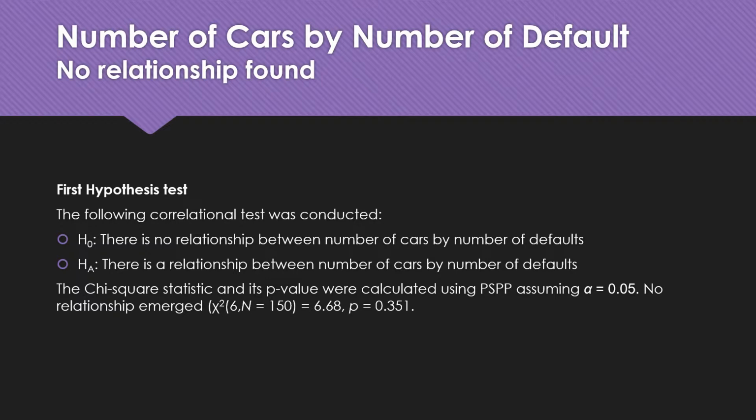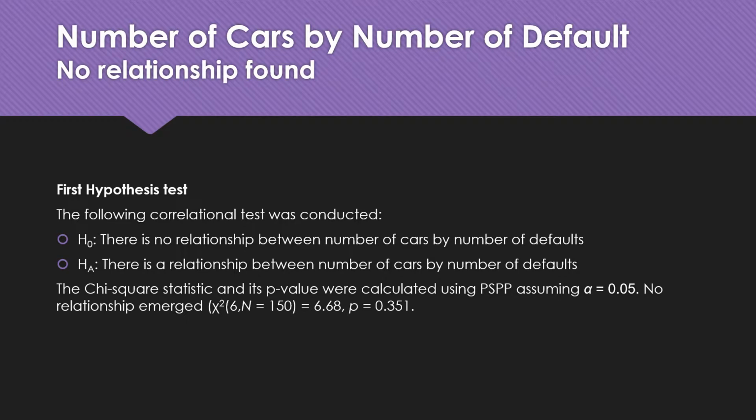The first hypothesis test is number of cars by number of default payments. The null hypothesis is that there is no relationship between the number of cars and the number of payment defaults. The alternative is that there's going to be a relationship between the number of cars and the number of payment defaults.